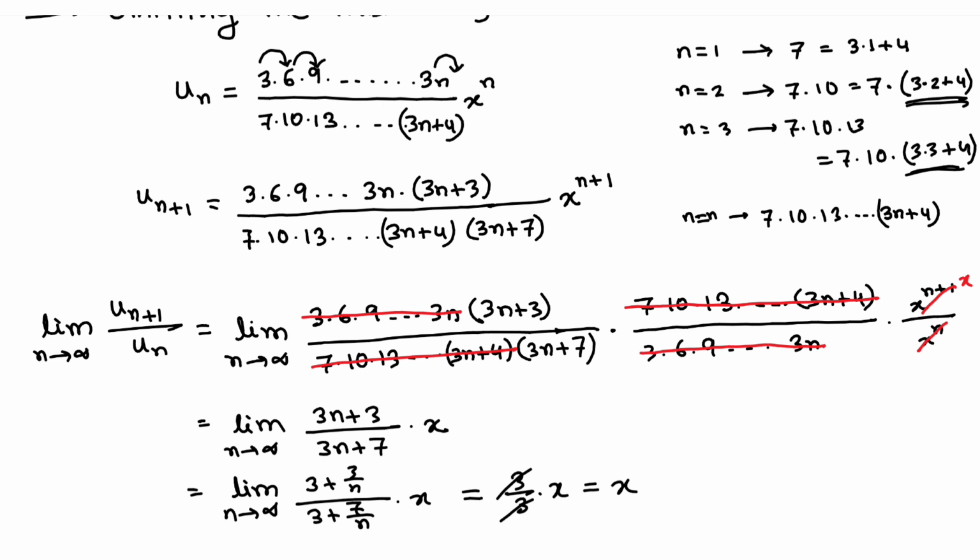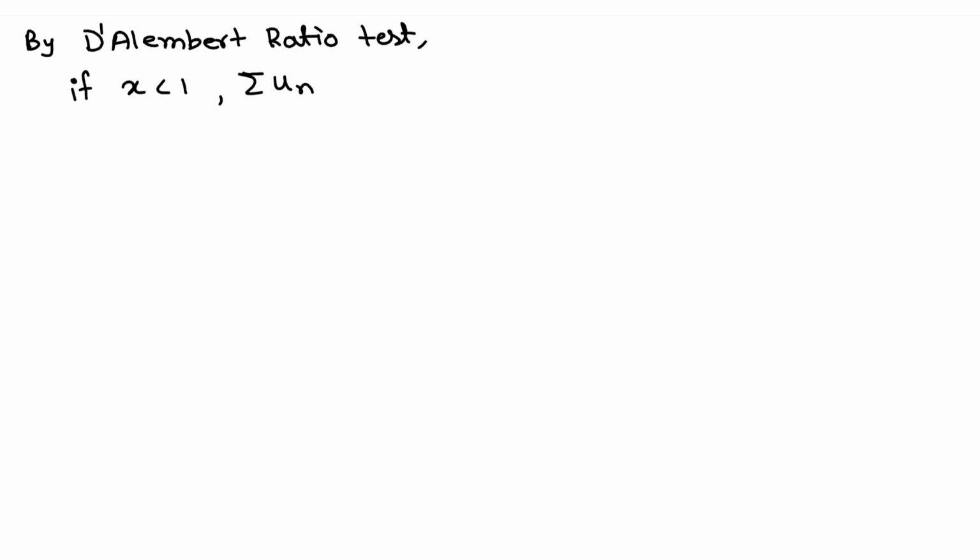x may be less than 1, may be greater than 1, may be equal to 1. So we have to write, by D'Alembert's ratio test, if x is less than 1, summation un is convergent.